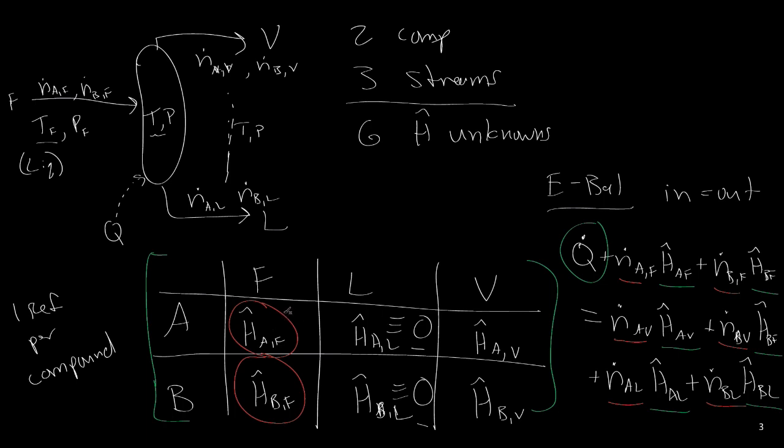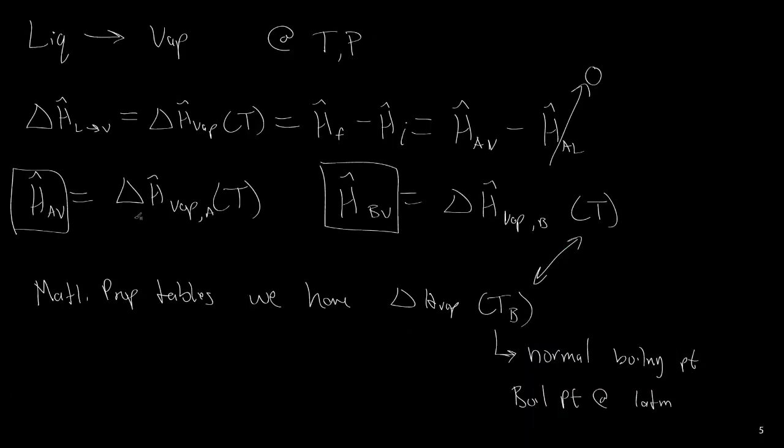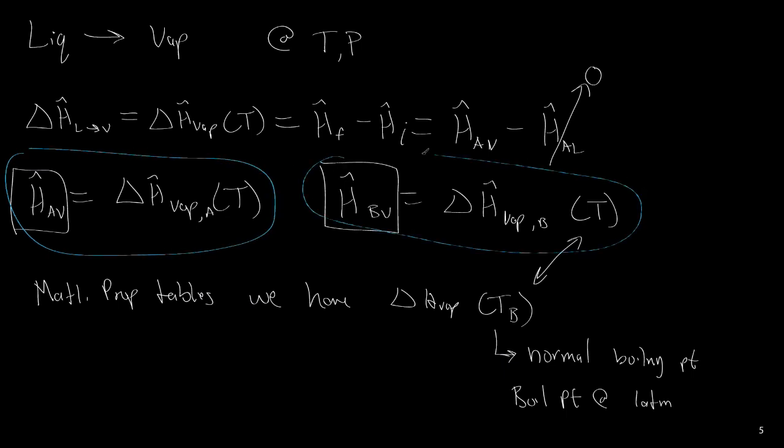Then we next talked about how we can calculate the specific enthalpy for the feed streams, and then also the specific enthalpies of the vapor streams. So I'll circle these in blue, performed here as the heats of vaporization.